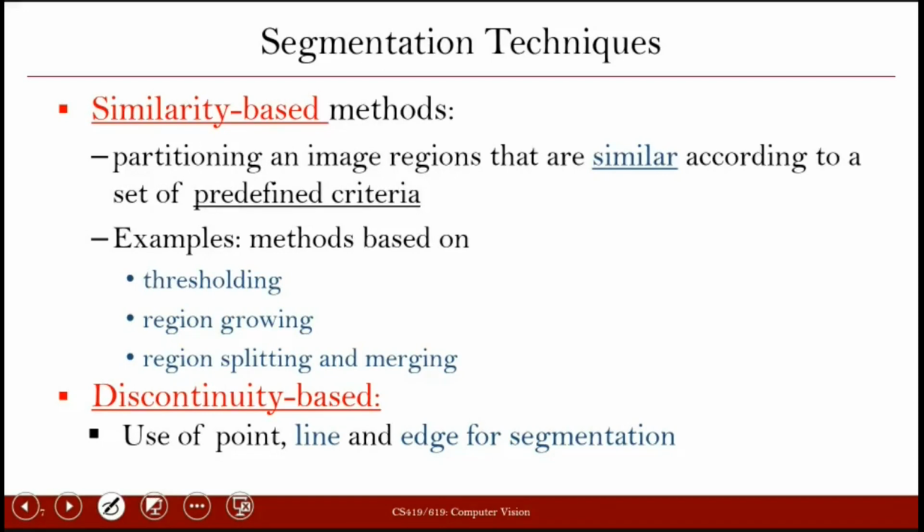Mainly, the segmentation techniques can be categorized into two types. One is similarity-based techniques, where when we are grouping the pixels, we look for similarity. The other set of techniques are discontinuity-based, where we look for the discontinuities or the differences.